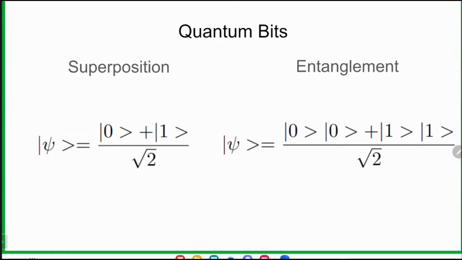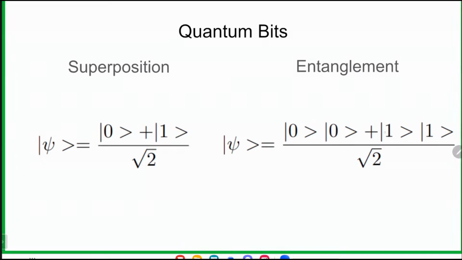For example, if we have two classical bits and we measure or disturb one of them, the other will not in general get affected. But in entanglement, even if the quantum bits, or the qubits, as we will call them from now on, are taken very far away from one another, if we measure the first qubit and get 0, we are assured that if we measure the second qubit, we'll also get 0.